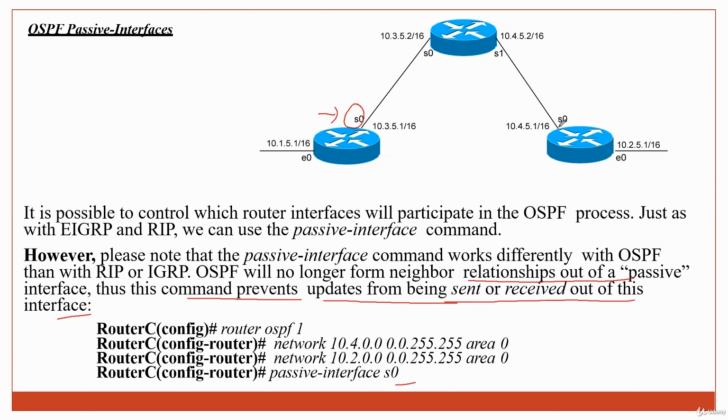So if you make any interface passive, it will not participate in an OSPF neighbor relationship, meaning it will not send or receive updates, and that's the usefulness of passive interface.